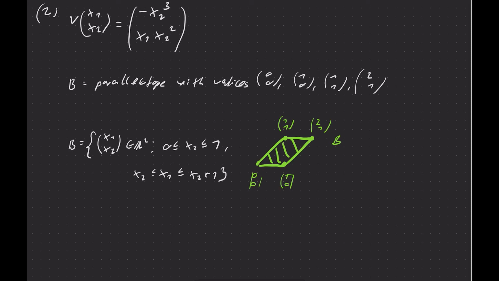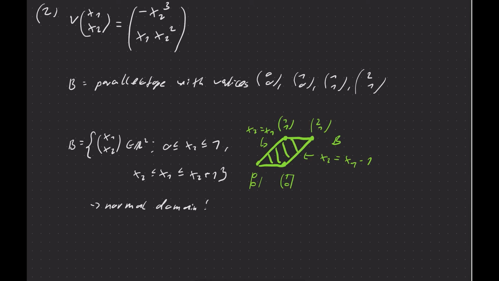Right, so this line here is x2 equals x1, and that is the line x2 equals x1 minus 1, or x1 equals x2 plus 1. Okay, so B can be described in this way, and that means we have a normal domain here.